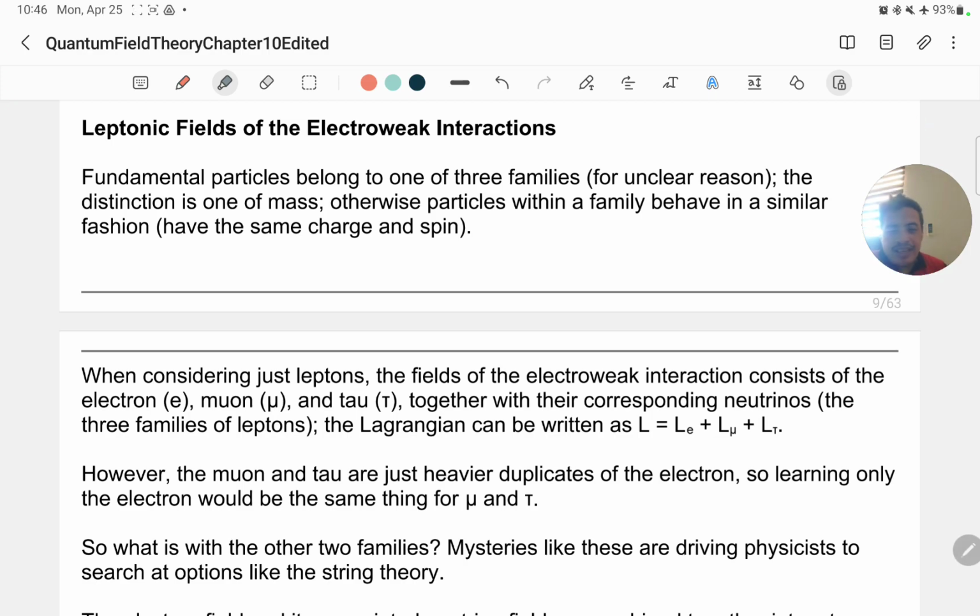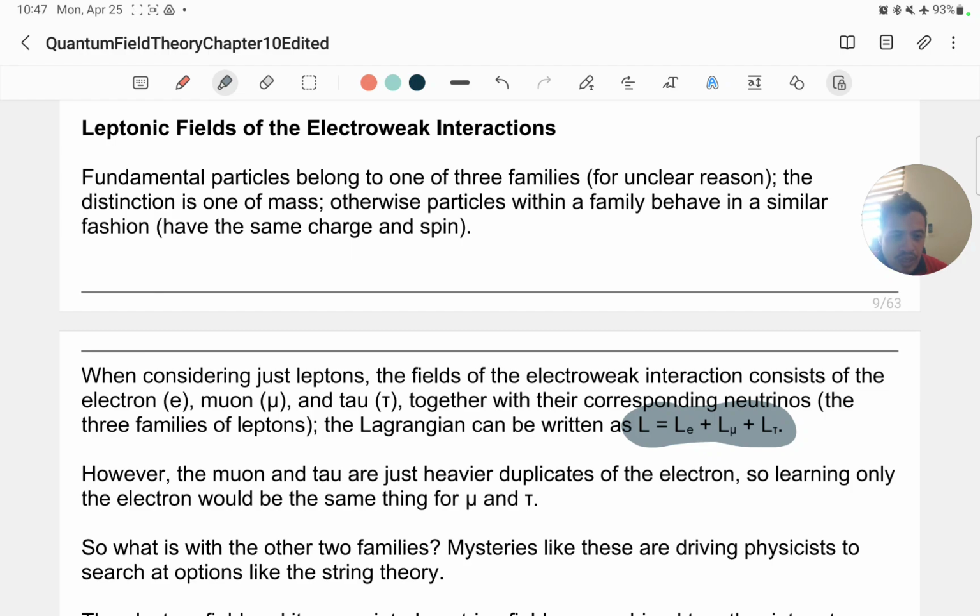So all in all, the Lagrangian would have to be written here. It's supposed to be the sum of the Lagrangian of the electron, the Lagrangian of the muon, and the Lagrangian of tau. These are all similar, only the masses are different.